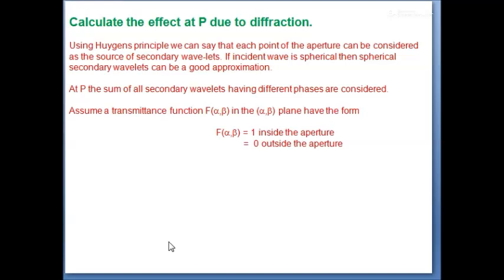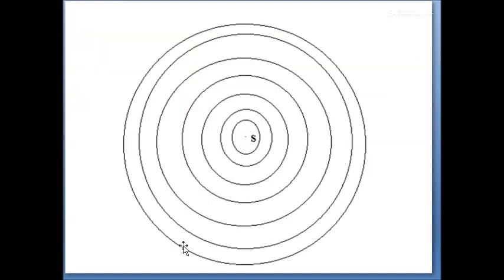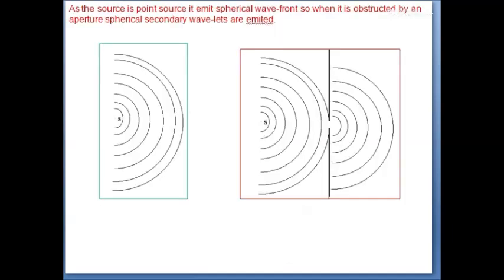Right? So I have to take the effect of the point source. If S is the point source, then it will emit the spherical wavefront, and these are the spherical wavefronts in the equatorial cross-sectional area I have shown. Now if this spherical wavefront is obstructed by this region, it will again generate secondary spherical wavelets.